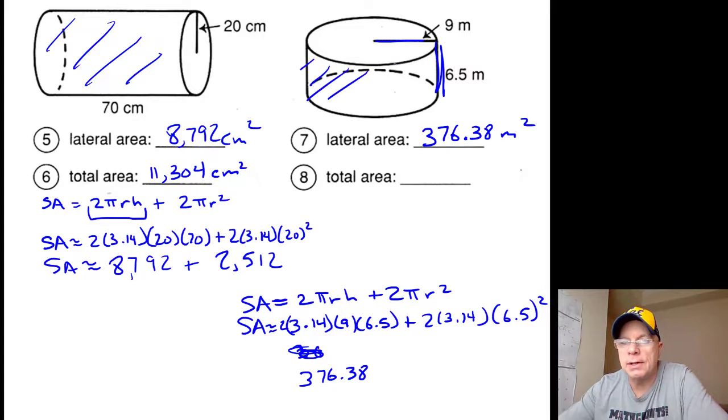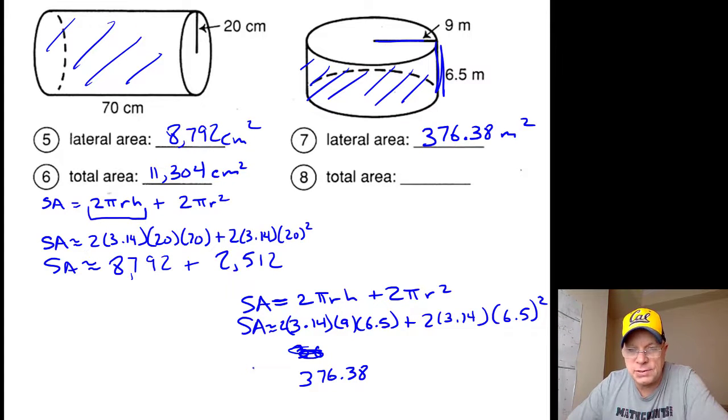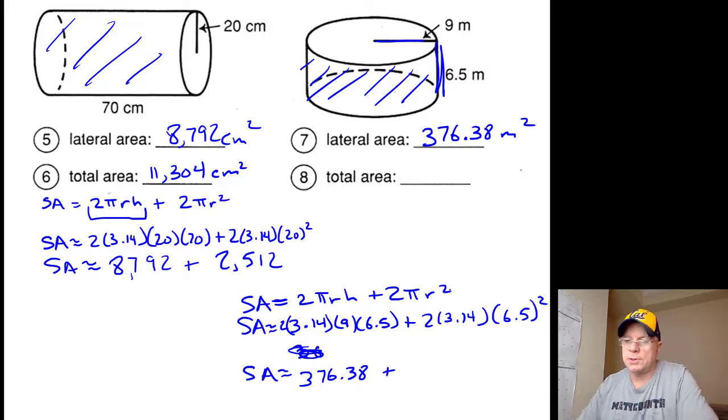It's this lateral area, the wraparound face, plus 6.28 times 42.25, 265.33.